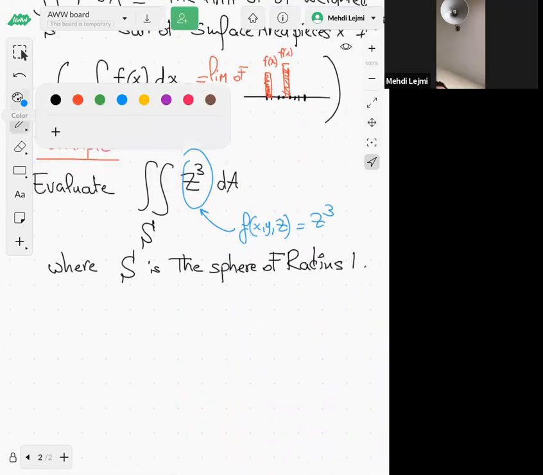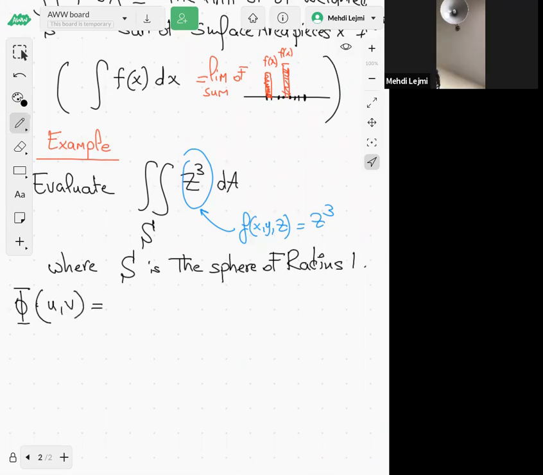So how do we parameterize the sphere? We have seen this probably last week. We can parameterize the sphere as follows: cosine of u sine of v, sorry, sine of u sine of v, and then cosine of v.